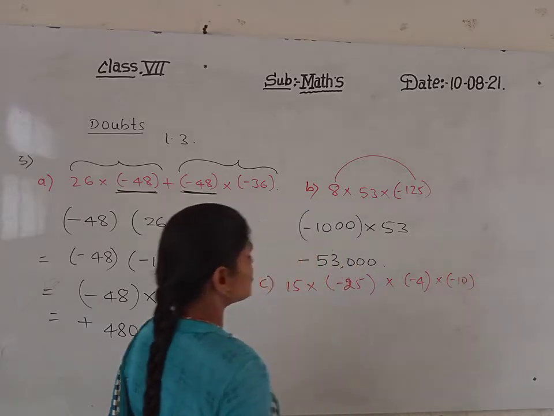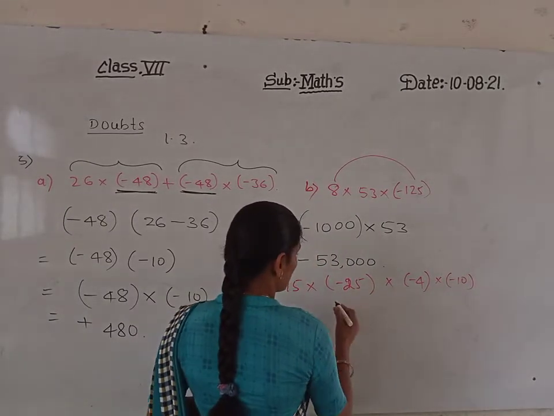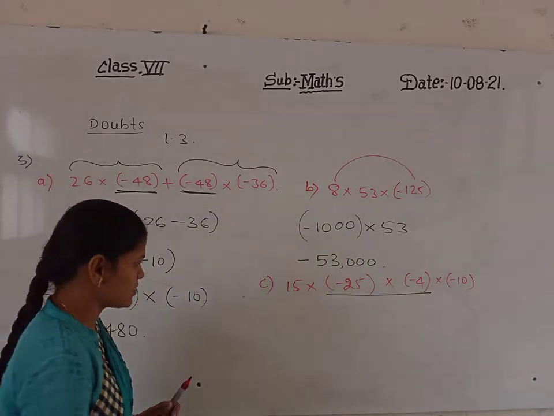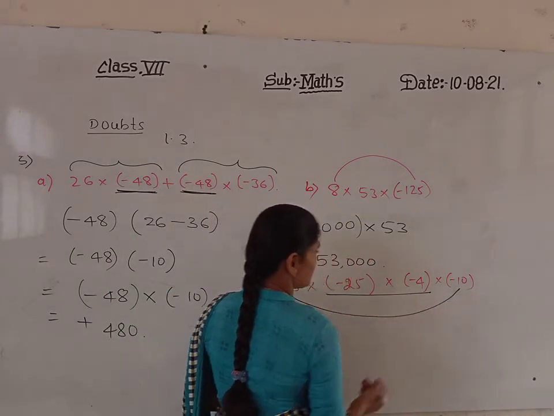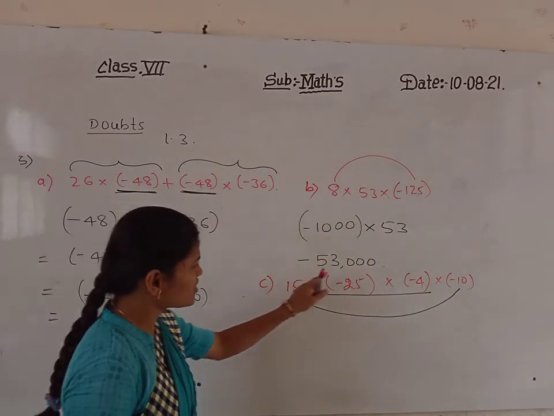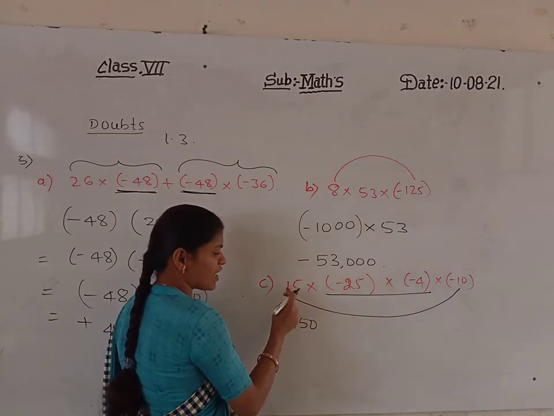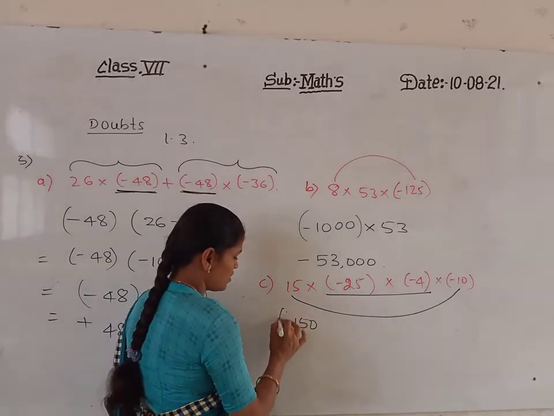Dear student, just observe here. 25 4s are how much? 100. Okay. 15 into 10 is 150. So plus into minus, minus 150. First I have multiplied 15 and 10. It becomes minus 150.